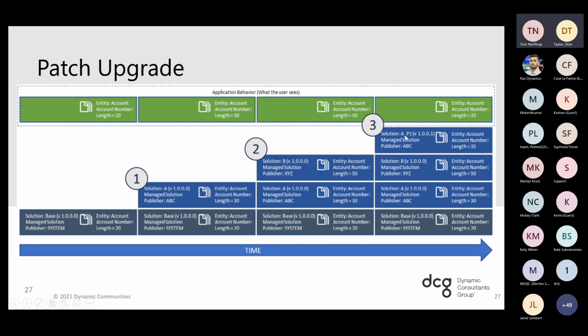But we change the name to A_P1, and that creates a new layer. And now this user sees length equals 35, which was our end result. But we've created this complexity of solution layers now, all because we didn't manage or segment the components in our solutions to begin with.